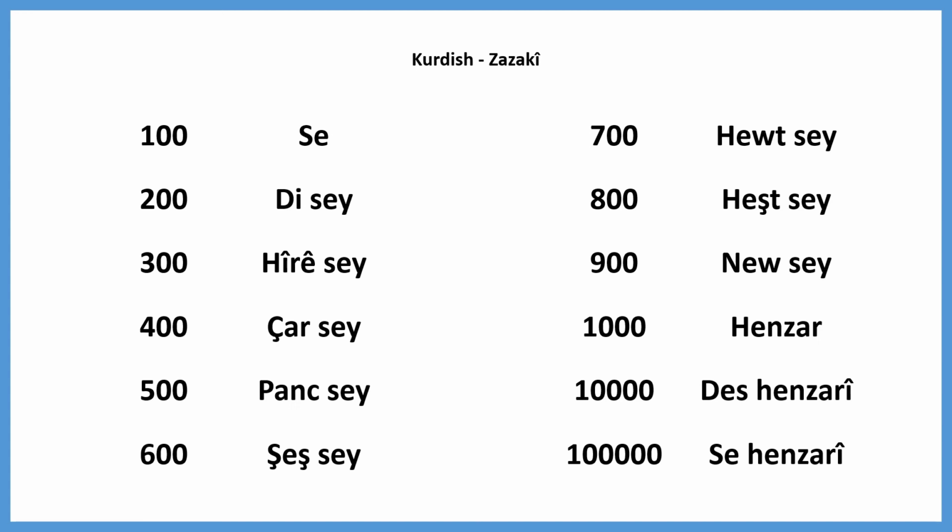As we know that 1,000 is henzar, 2,000 would be de henzari, and 3,000 would be hire henzari, and so on. So 10,000 would be des henzari, and 100,000 would be se henzari.